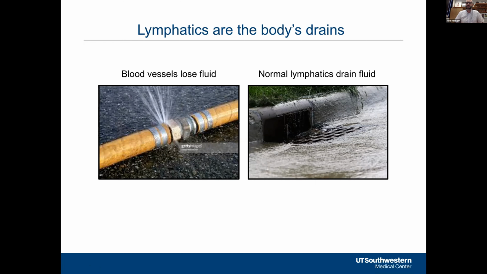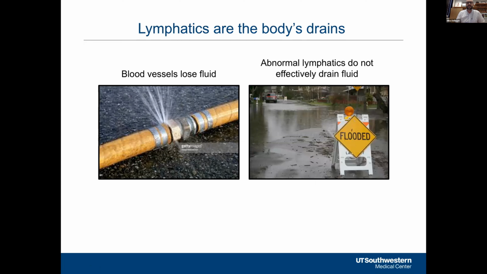And when we have mutations that affect lymphatic development, they ultimately affect lymphatic function, and these drains no longer work properly, and that can cause fluid to accumulate in different regions of the body and cause various complications in patients.